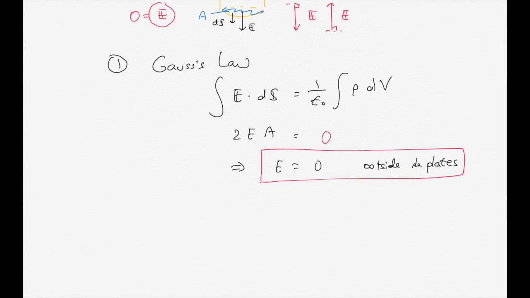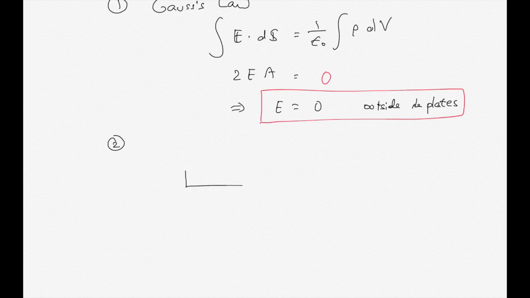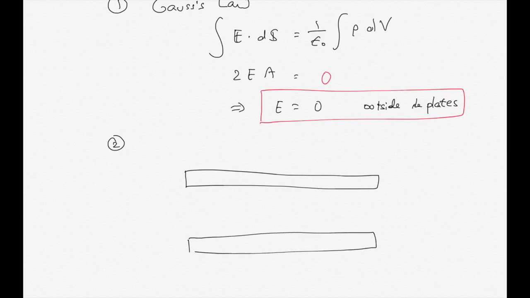For the second step, we consider the two infinite plates, and we'd like to find out the locations of the charges. So we consider a cylindrical Gaussian surface, where the bottom is inside of the upper plate and the top is outside of the plate, and the electric field is 0 outside.